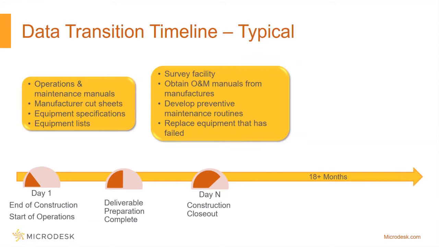They have to obtain the operations and maintenance manuals from the manufacturers, develop the preventive maintenance routines, and replace equipment that has failed. So again, we've started operations, and then somewhere in this 18-month period, information starts to flow over.